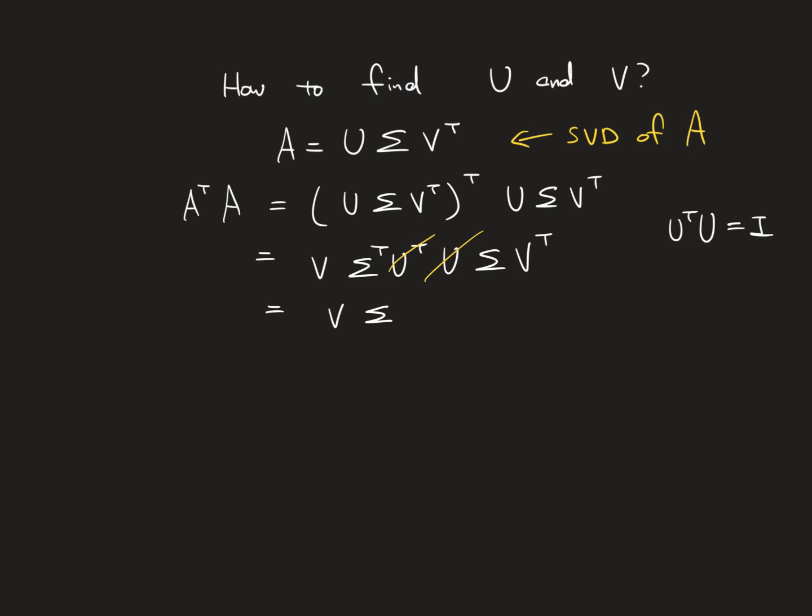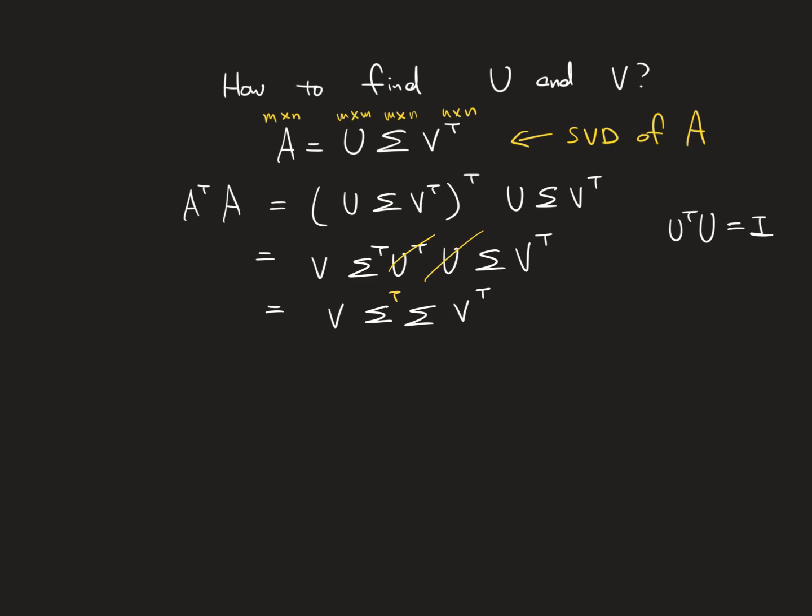I mean, it could be M by N. So for example, in the full size SVD, this is M by N, this is M by M, and M by N, and N by N. So that's why we cannot say sigma transpose is equal to sigma, because their sizes could be different. So we say V sigma transpose sigma V transpose.